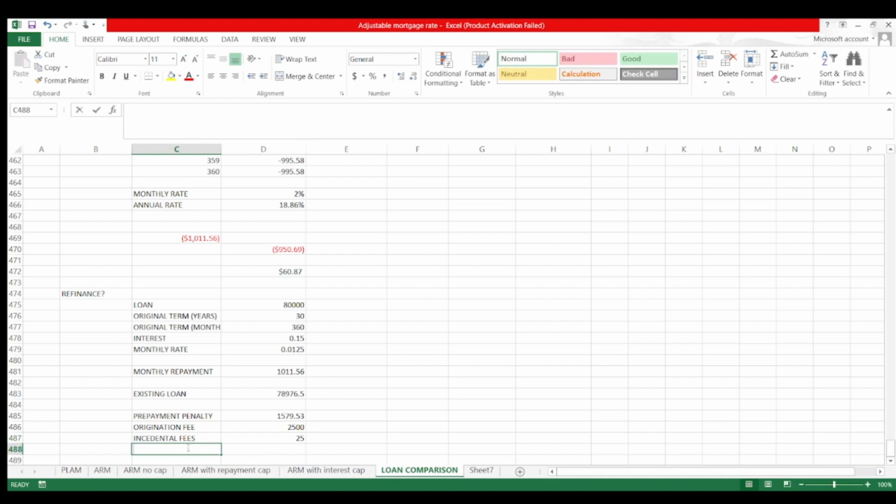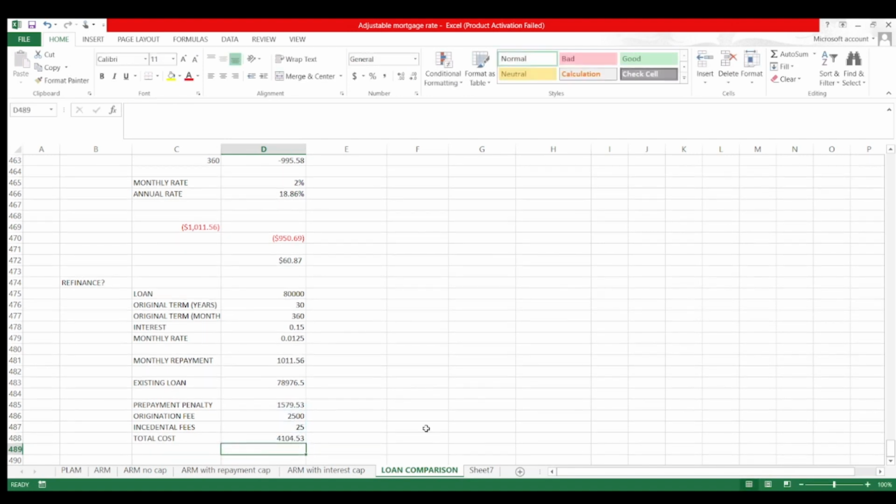Now we get the total cost by adding all of this, equals sum brackets, and add that. So we find our total cost is 4,104.5.